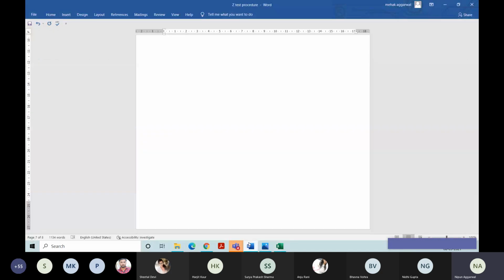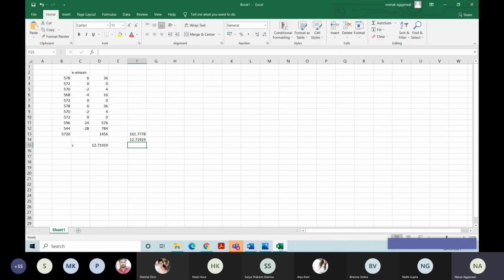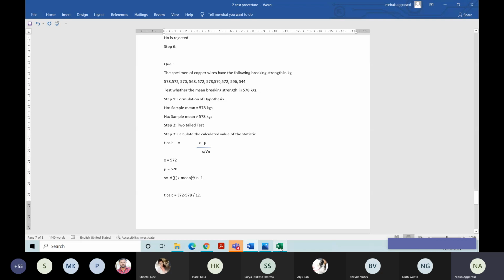Put this in the formula to calculate the t calculated value. So t calculated is equal to x bar, 572 minus 578, divided by s. S is 12.72, divided by the square root of n only.